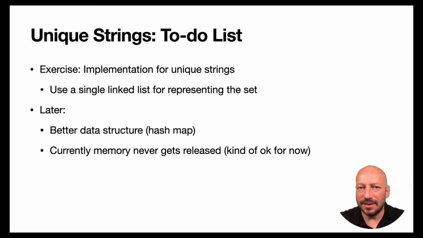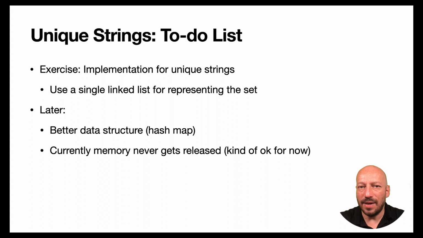We will, in this current form, never release the memory of this pool of unique string objects until the program terminates. Then the memory gets released by the operating system when the memory of the complete process gets released, which is kind of okay for now, because in general we will need this unique strings until the program terminates. But it's kind of unnice if you use tools for checking your program for memory leaks.